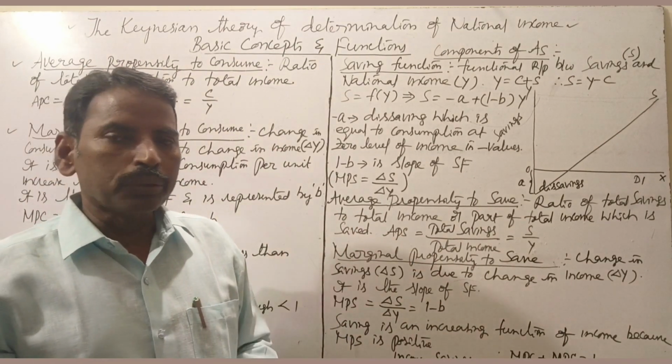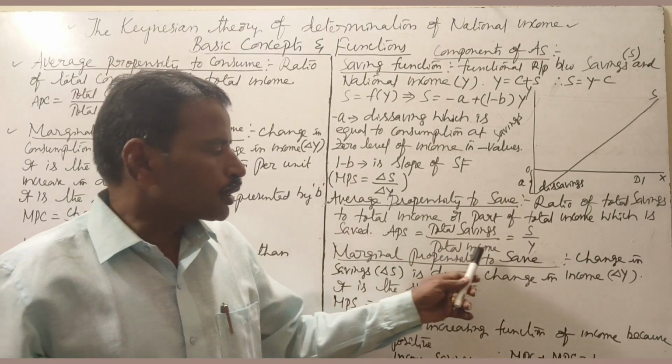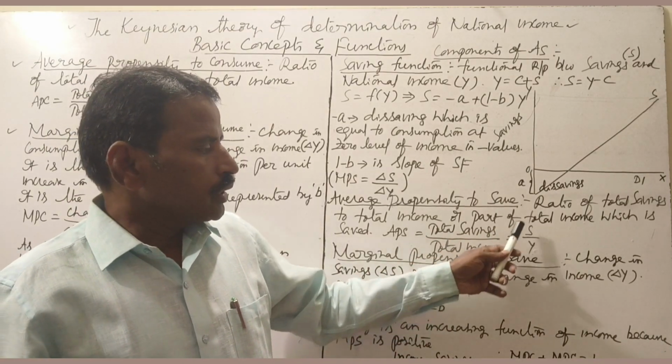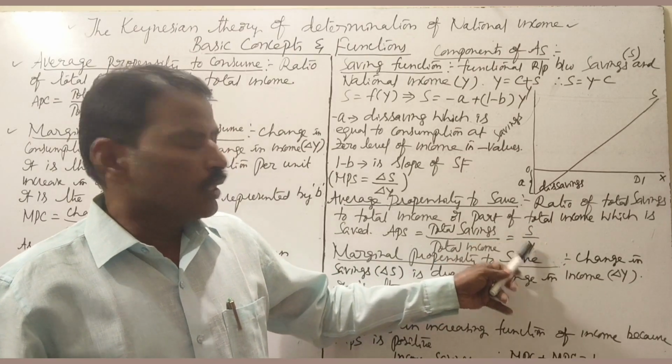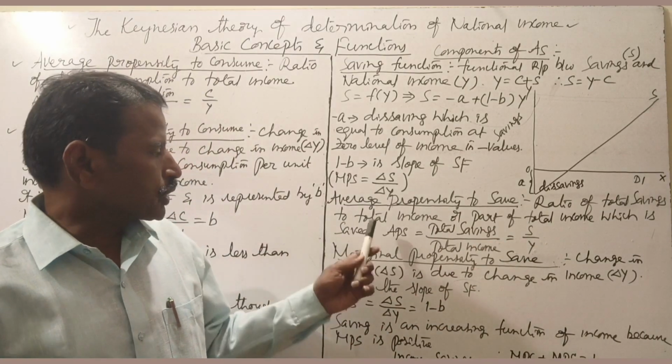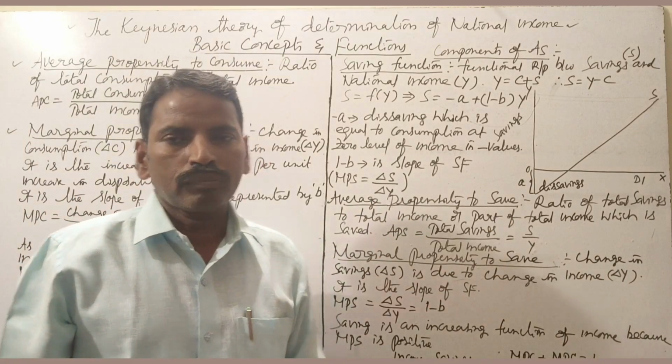APS is equal to total savings divided by total income, that is S divided by Y. That is called average propensity to save.